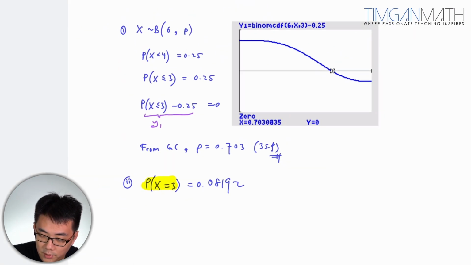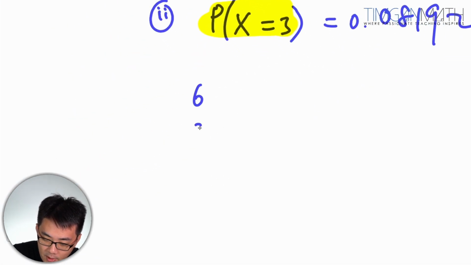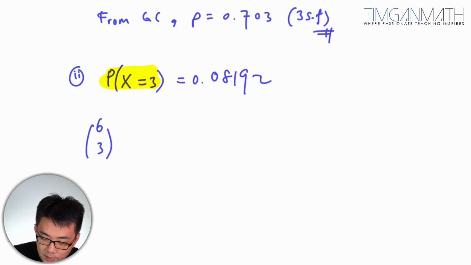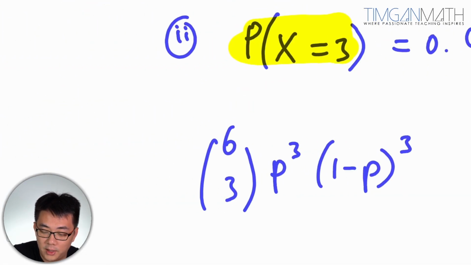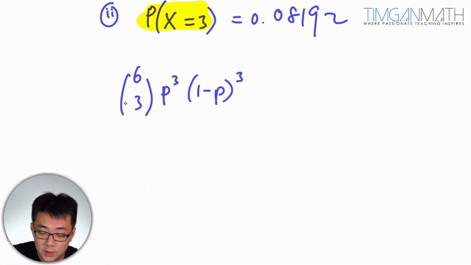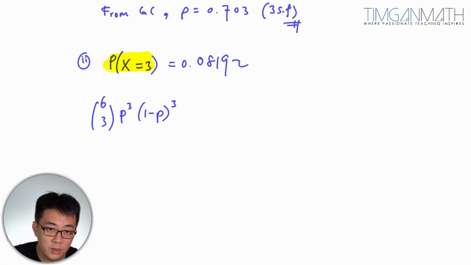So this part here, what we're going to do is 6 choose 3, and we have p to the power of 3, and (1 minus p) to the power of 6 minus 3, which is 3 as well. Because you have 6 trials here, 3 of which succeeded, and obviously 3 will not have succeeded.